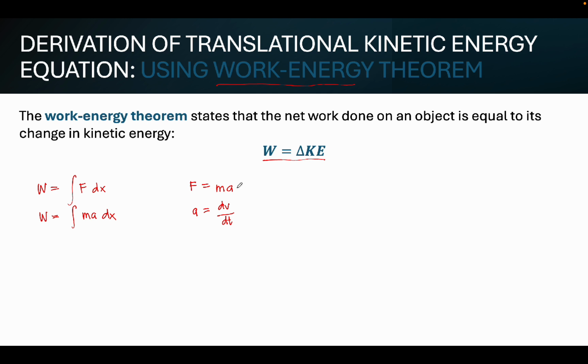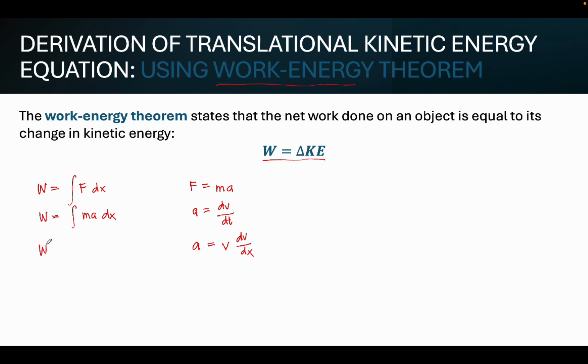If we use the chain rule, we have a is equal to v dv over dx. That is the chain rule in terms of x, not in terms of time.